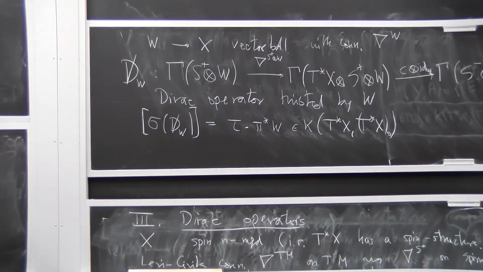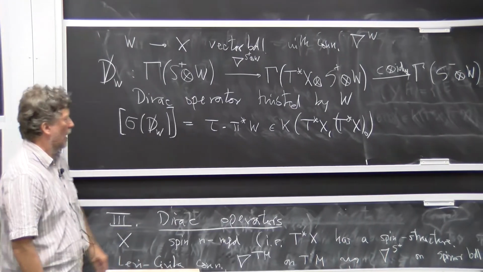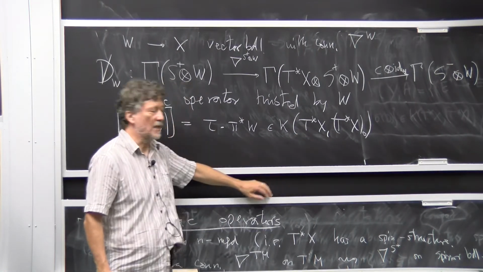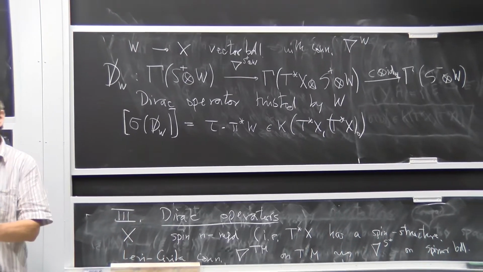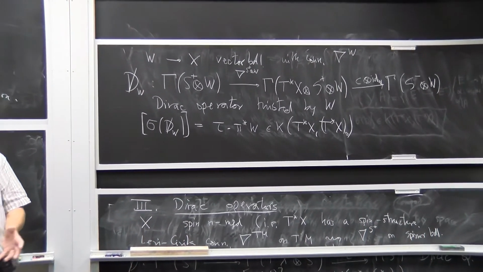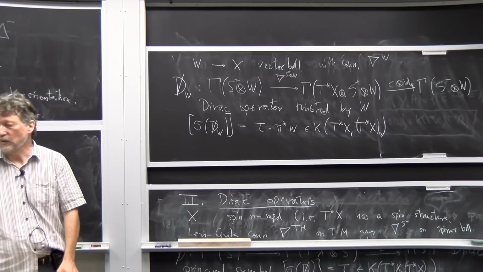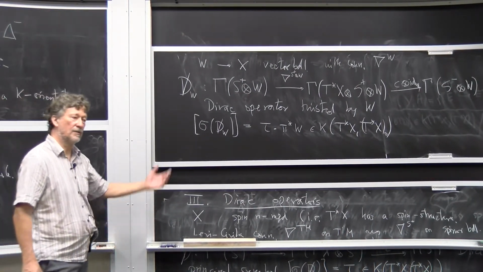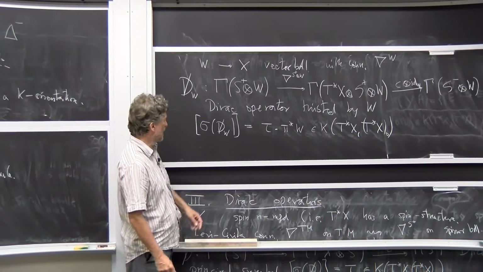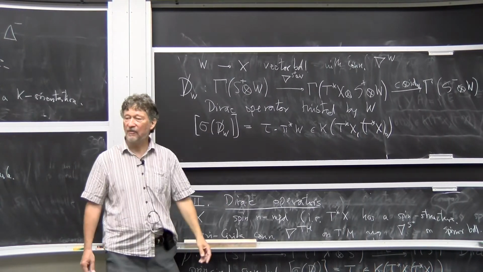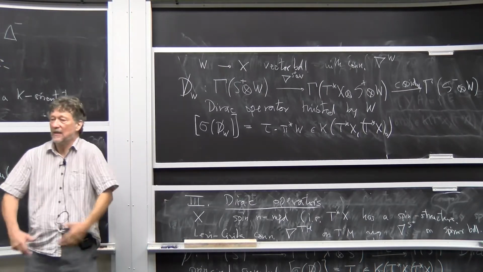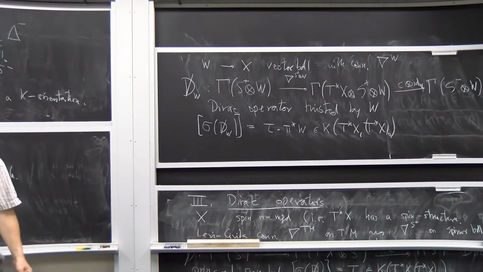So what's the upshot of all this? Well, if you're only interested in the K-theory class of the principal symbol of operators, which is everything that the index depends on, then you might as well restrict your attention to twisted Dirac operators, since every operator has the same principal symbol as some twisted Dirac operator, right?